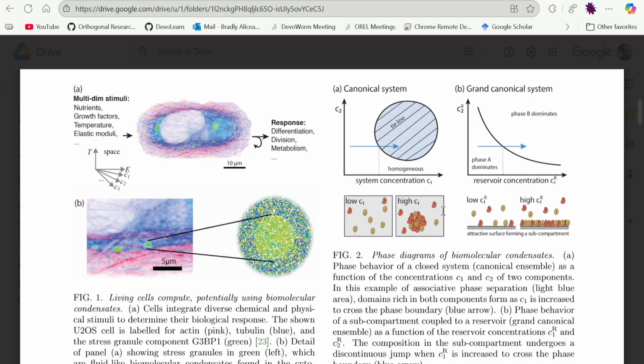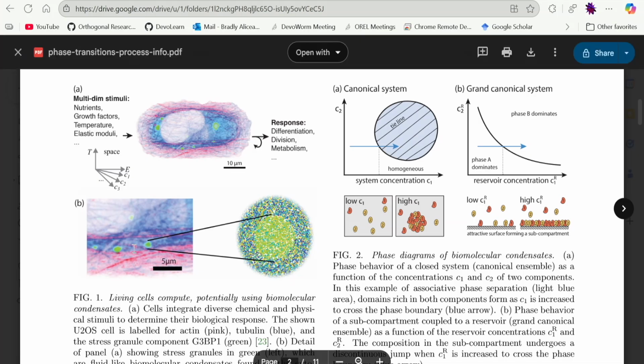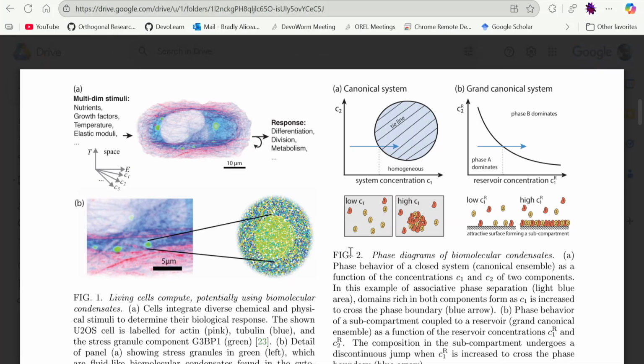And then high concentrations lead to this clumping of these different biomolecules together into these large clusters that you can see in the green. So you have to have high concentrations to have these large condensates. They form sort of as maybe a phase transition of concentration.